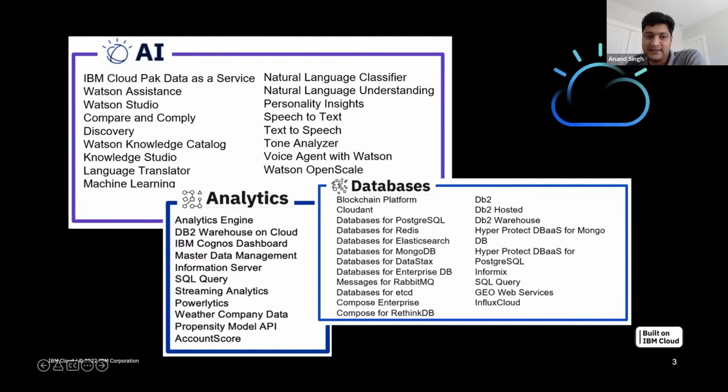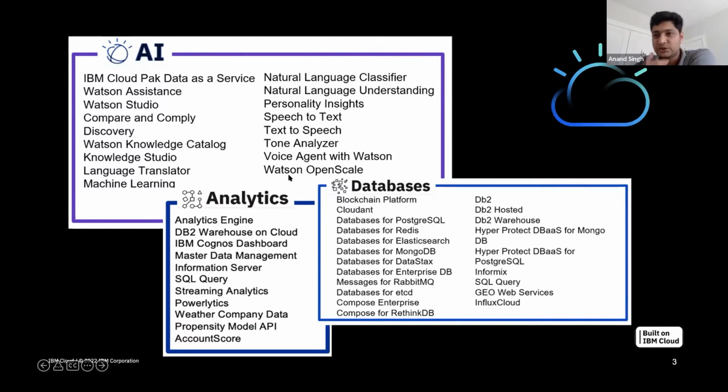For analytics, if you have streaming analytics or you use Spark, Hadoop, or Kafka, all are available in our analytics portfolio. And in databases, you can get different types of data stores, SQL, NoSQL, Graph, and other database solutions, including our Hyperledger Fabric blockchain.